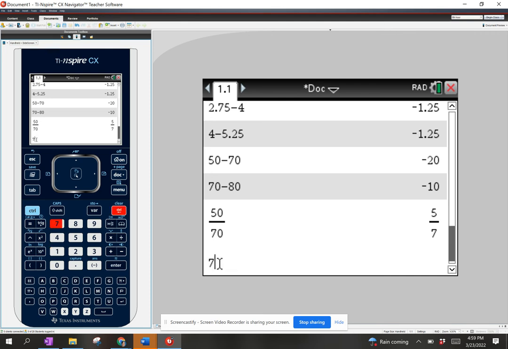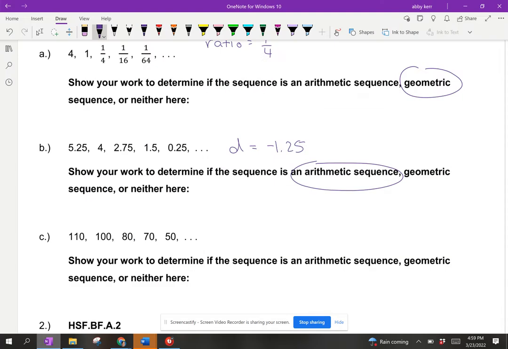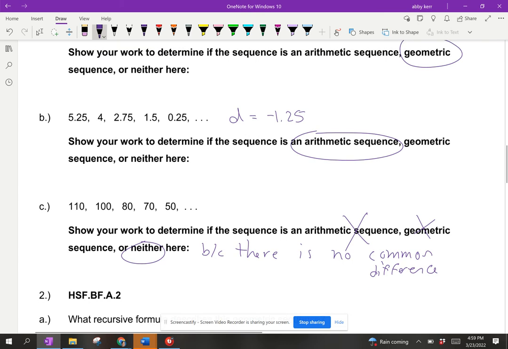And then 70 divided by 80 gets you 7 over 8. So it's neither one, because there is no common difference or ratio.